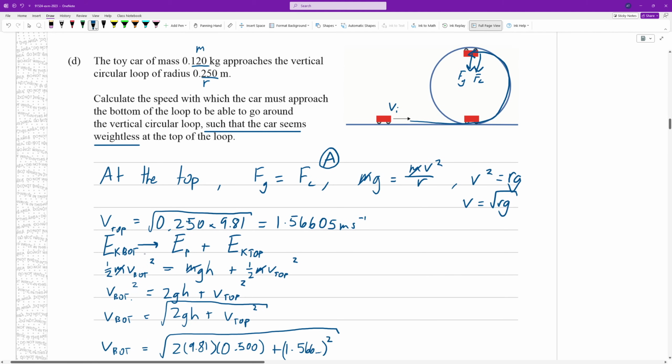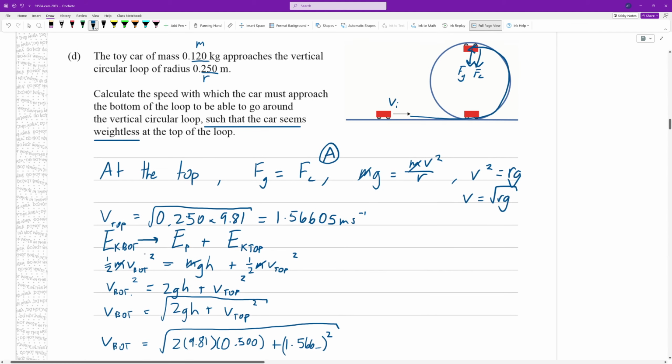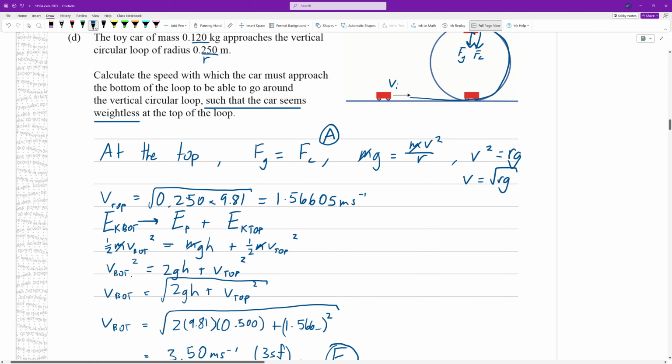So we then calculated that to get 1.566 meters per second. Cool. Then, if you worked out its kinetic energy at the top, using half times mass times the speed squared, that would be a merit point. Yeah, but we didn't do that right away. We actually reasoned about the energy transformations.